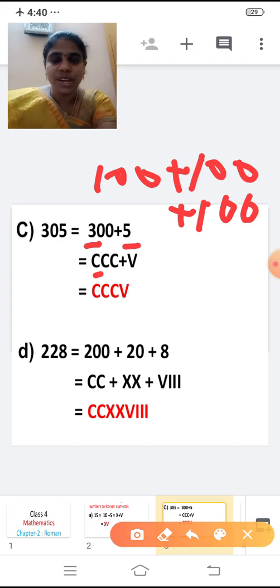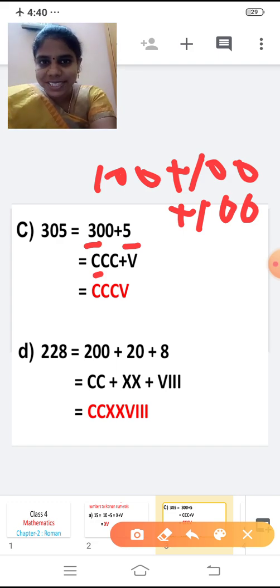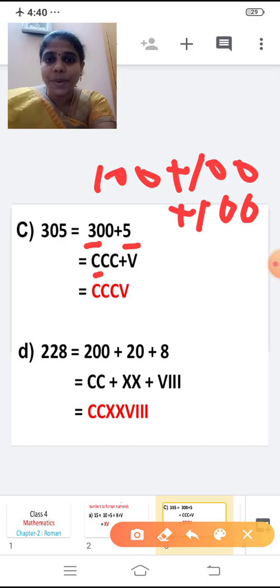Now tell me, what is the Roman numeral for 100? Yes, C, C, C. So 3C plus, what is the Roman numeral for 5? V. Now add all together. C, C, C, V. Clear, children?